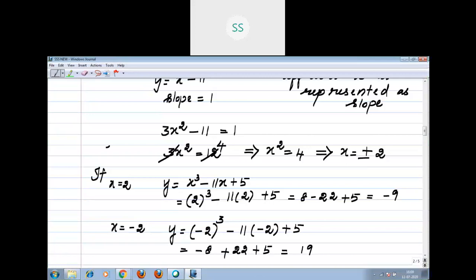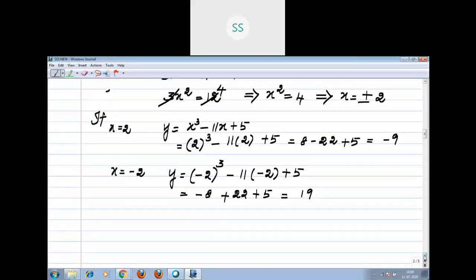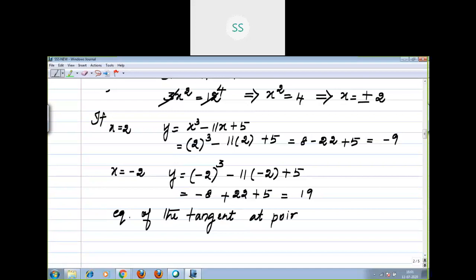You are going to find the equation of the tangent using the point 2 comma minus 9, right? Equation of the tangent at the point 2 comma minus 9.